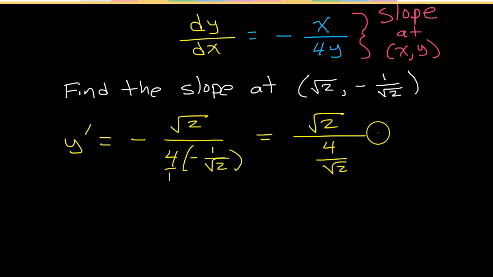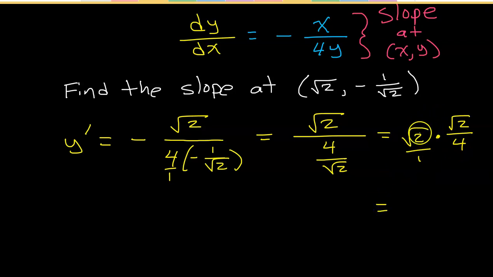So when we divide by a fraction, we multiply by the reciprocal. So this is going to be the same thing as radical 2 times the reciprocal, radical 2 over 4. Again, I'm going to put a little 1 under here to make it more obvious that I'm just multiplying straight across.